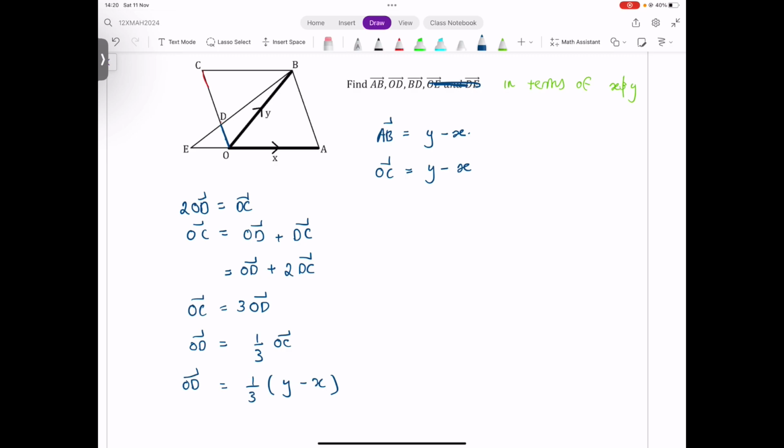Last one, we're trying to find BD. Now, if we look where BD is on this diagram, it is that vector right there. So BD is equal to minus y, so going across down y, plus OD.